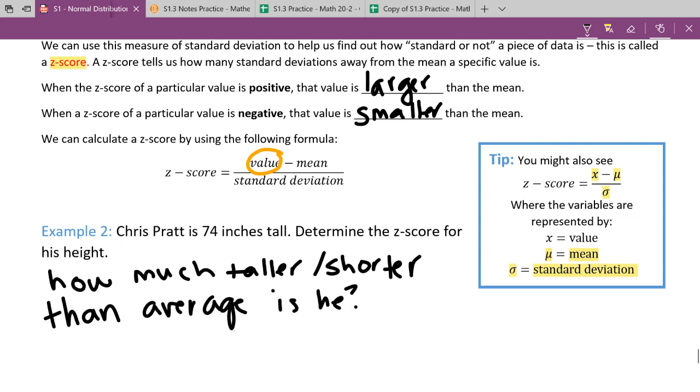That's what it's asking. When it's asking us to determine a z-score, it's saying, tell us how far away he is from the normal, from the mean. And talk about it in terms of standard deviations, in terms of where we know the majority of the population falls.